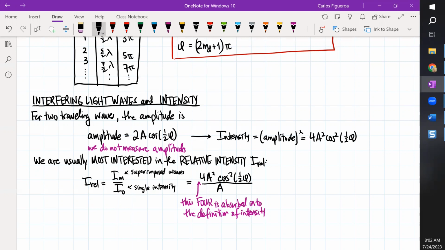And what that means is that we translate this so that the intensity is only equal to cosine squared of 1/2 phi. Once again, that 4 gets absorbed into the definition of relative intensity.